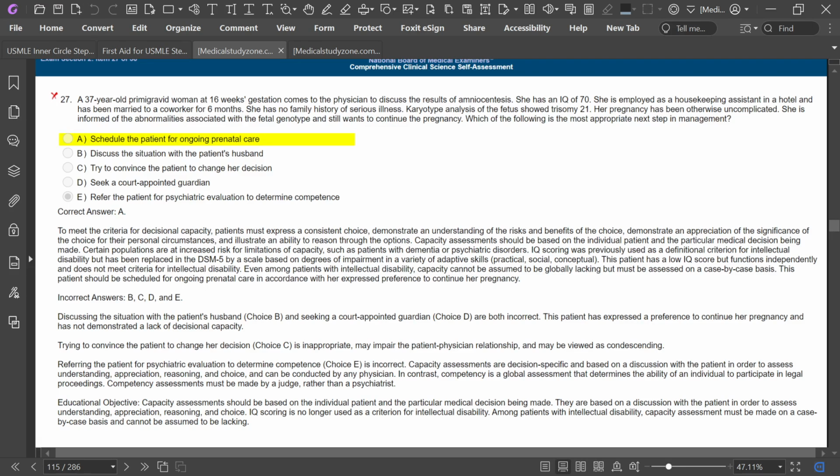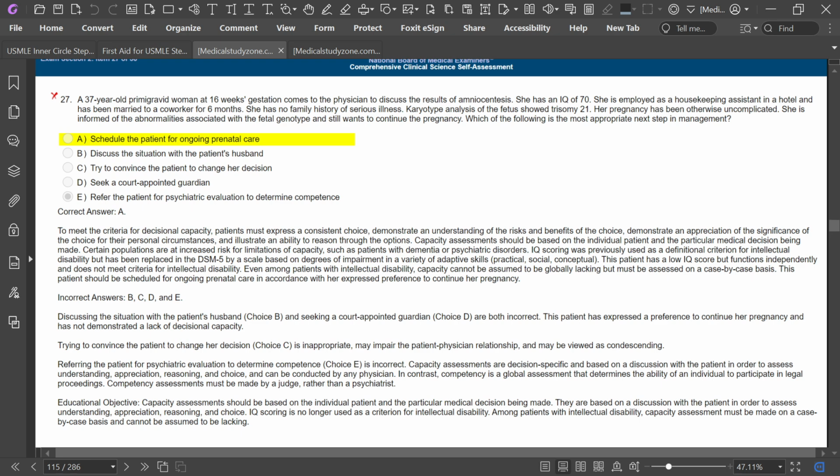Even among patients with intellectual disability, capacity cannot be assumed to be globally lacking, but may be assessed on a case-by-case basis. This patient should be scheduled for ongoing prenatal care in accordance with her expressed preference to continue her pregnancy.